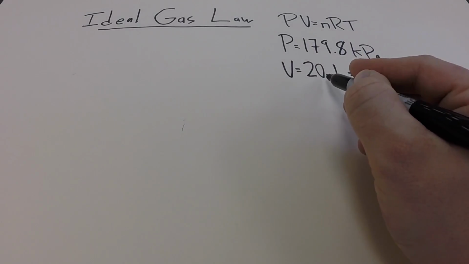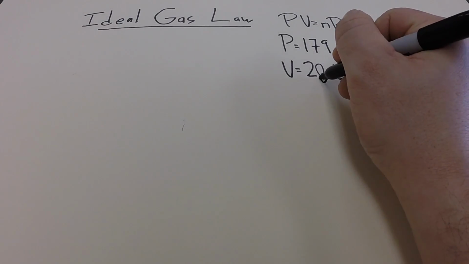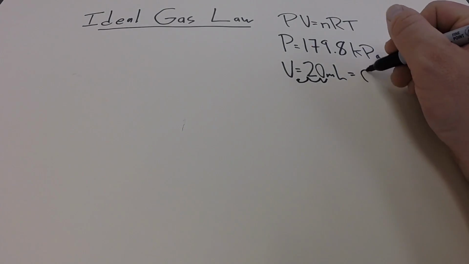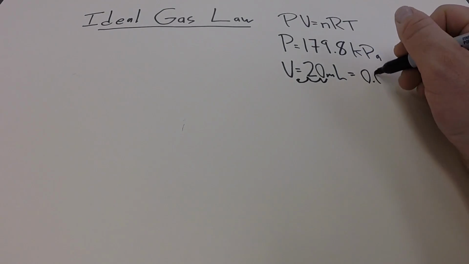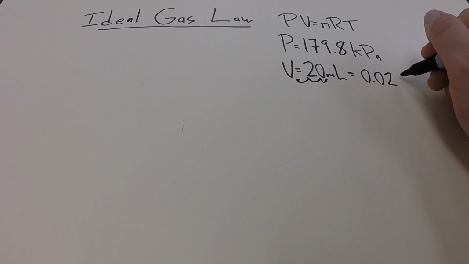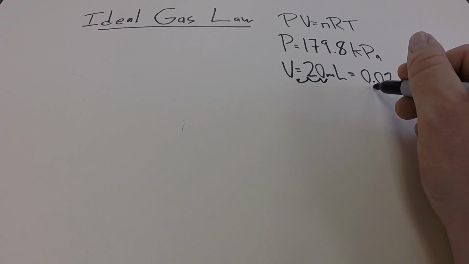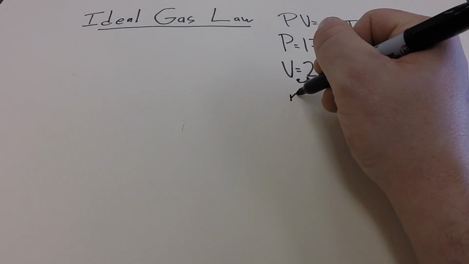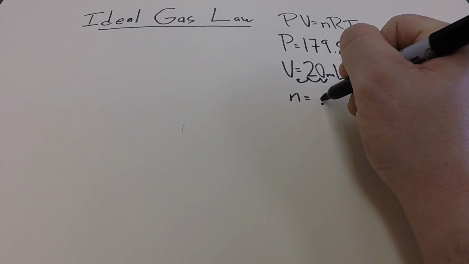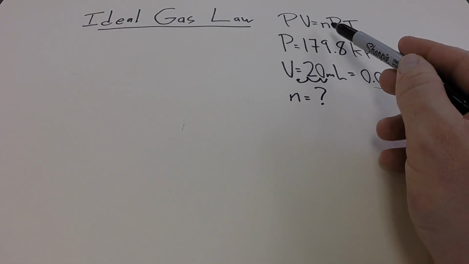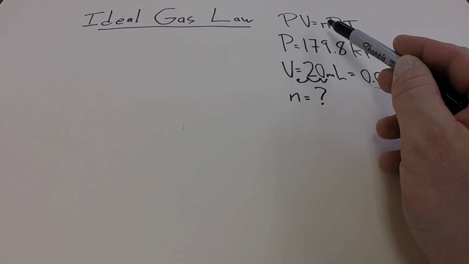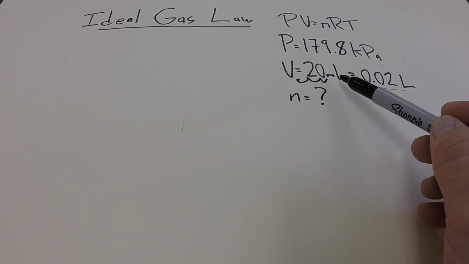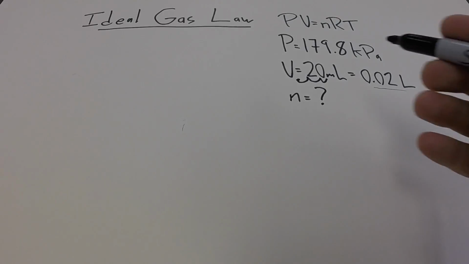To change this to liters, we move the decimal 3 places over to the left, and we end up with 0.02 liters as our volume. So that's what you're going to plug into the equation. What else do we have? N is our unknown. We're going to solve for the number of moles of gas in the syringe, how many gas particles were in that 20 milliliter, 0.02 liter syringe.